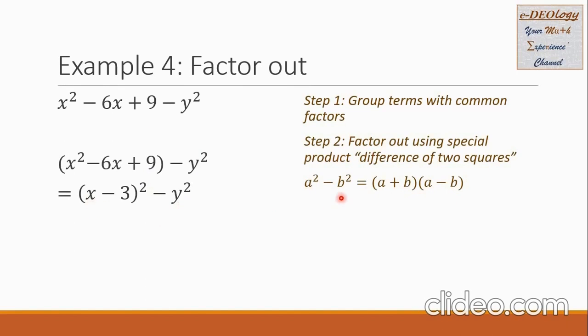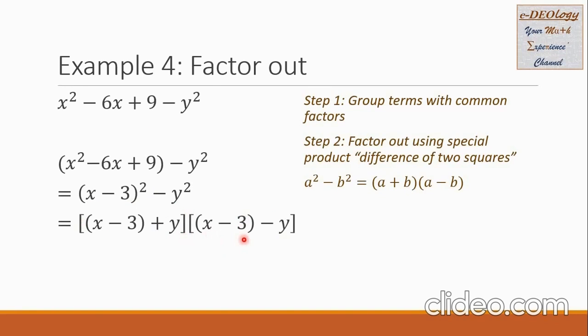and the y is the b. So in applying this formula, it will be like this. So the a, the x minus 3, I will copy here. Then first I'm going to put the plus sign, and then the y. And then multiplied by the quantity x minus 3.